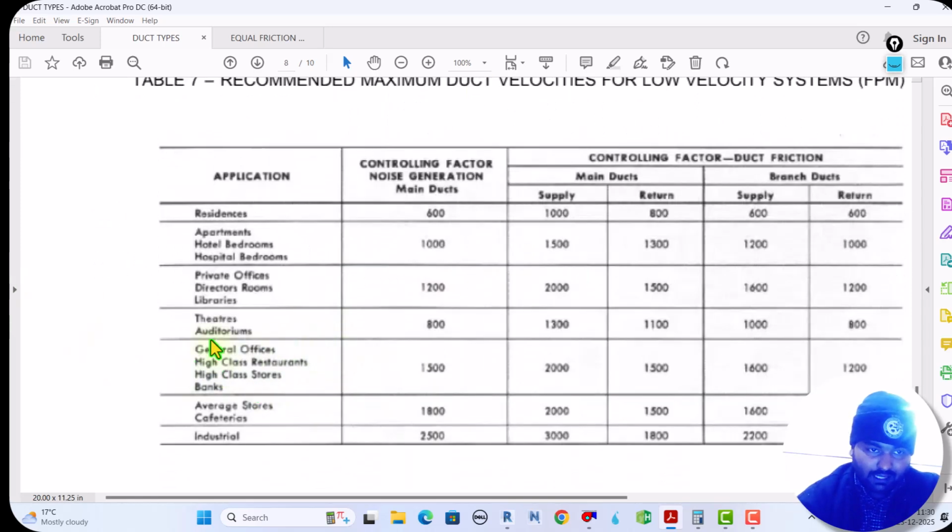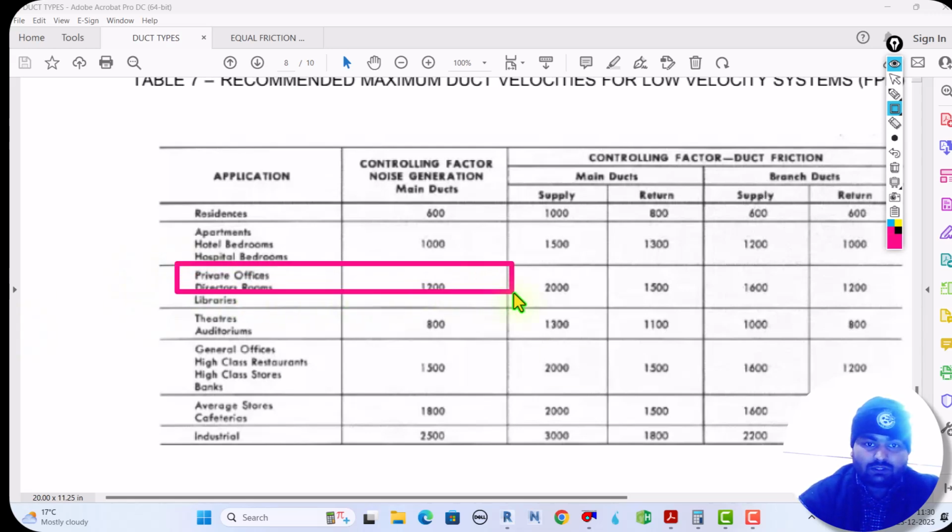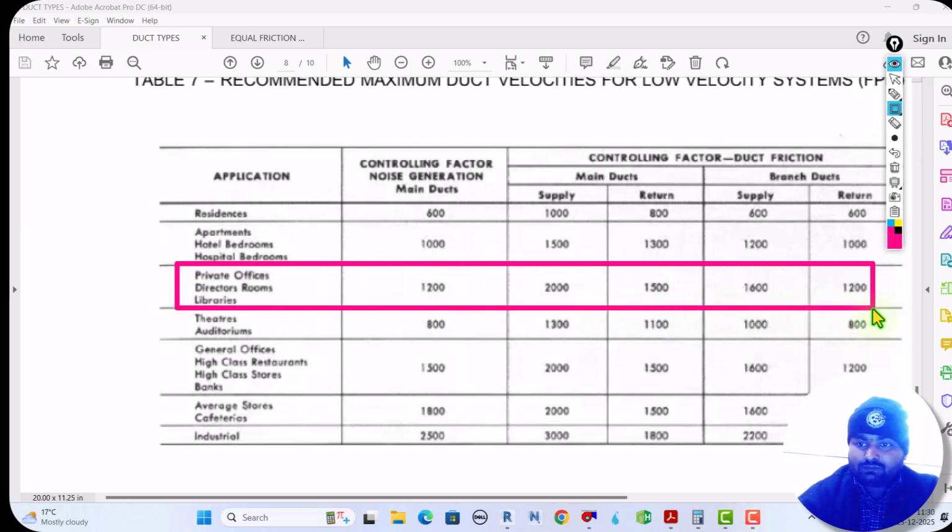So if I am going to size the duct for an office, see the office here. If I consider the noise generation factor, then I have to fix this value.